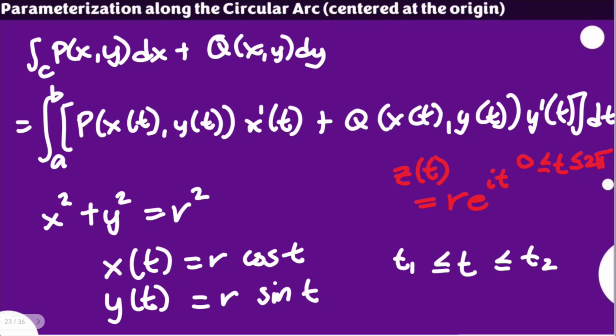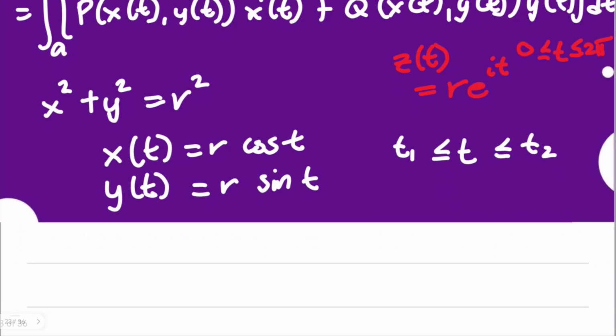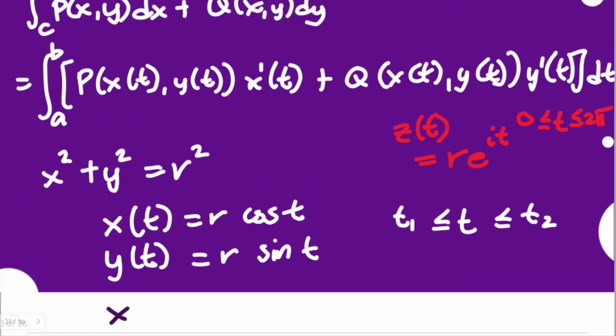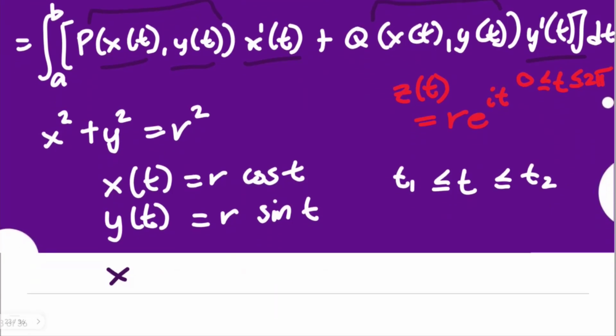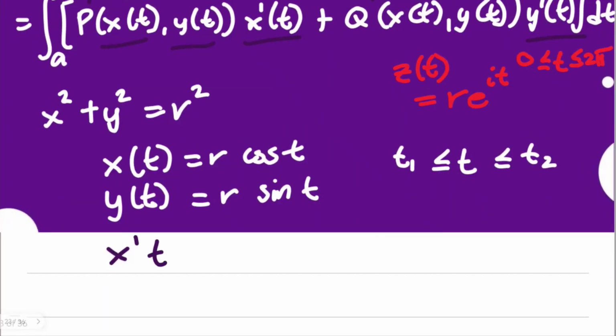I'm going to give you one example later on. Take note that x of t and y of t depend on how p and q are stated, but we need these two as well. Your x prime of t is the derivative of r cosine of t, taking r as a constant, so r times the derivative of cosine t, which is negative sine of t.